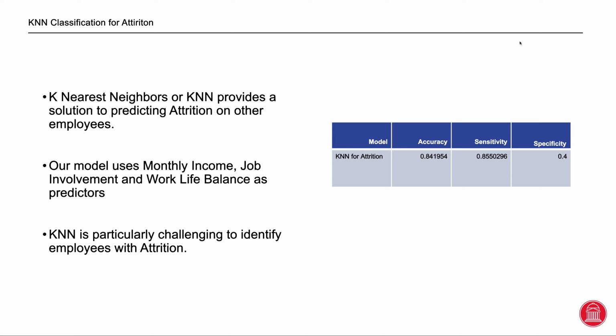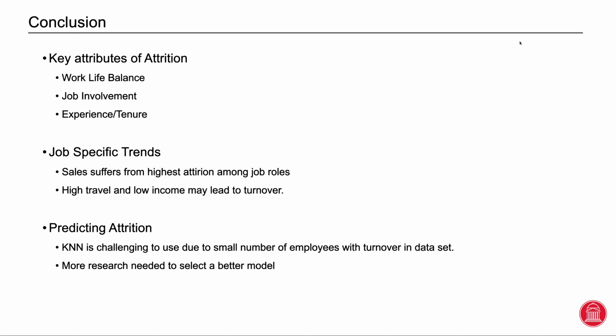Unfortunately, what we found is that KNN seems to be a challenging model, and we suspect that it's due to the low number of employees with turnover in the data set. So our recommendation is probably to go with a different type of model. As you can see, our specificity is only 0.4, which is not too great. So I think more analysis is needed to find the right model in this situation.